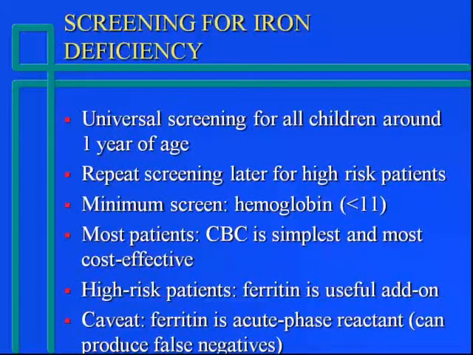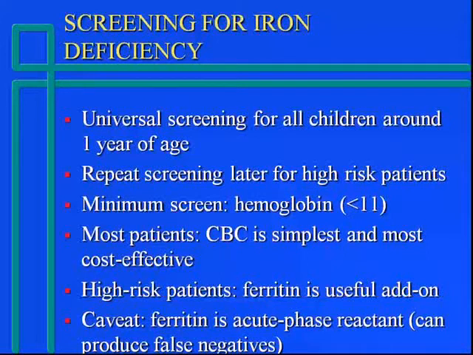The American Academy of Pediatrics, because of this impact on neurodevelopment, recommends universal screening for all children for anemia around a year of age, and this is often done in conjunction with the 9-month or the 12-month well-child visit.